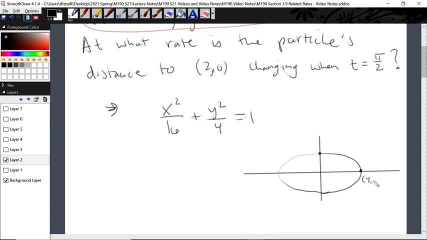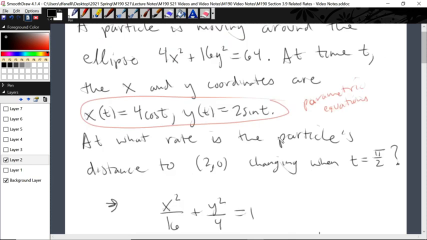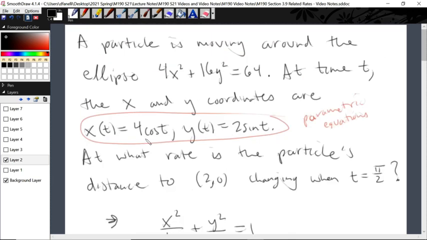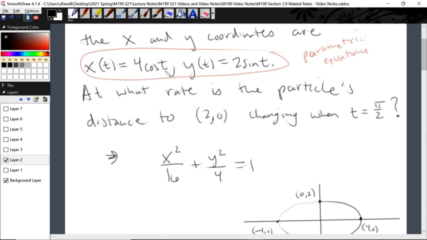So this is the point (4, 0). This would be the point (0, 2), for example. This is (-4, 0), and this is (0, -2). The parameterization that was selected here tells us the direction of travel along the ellipse.